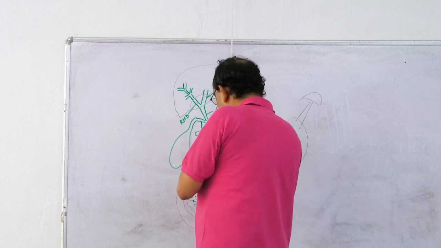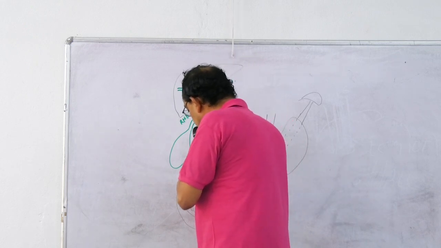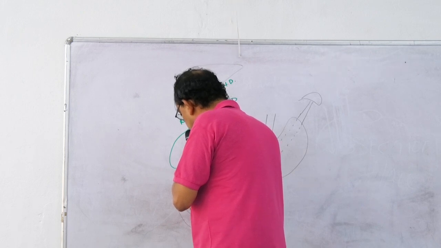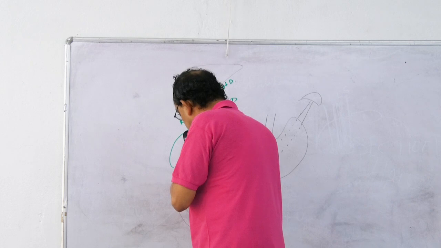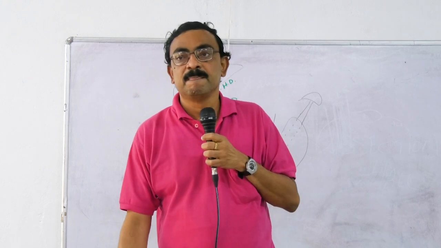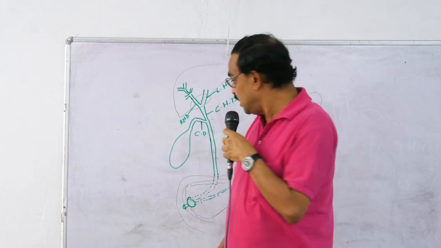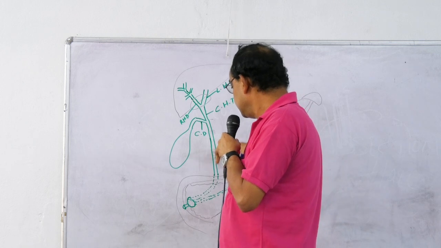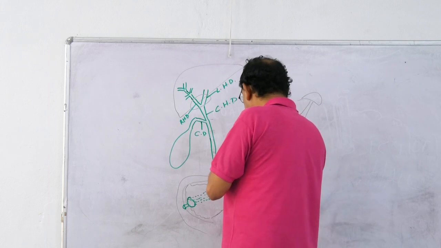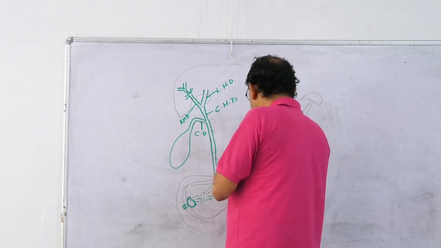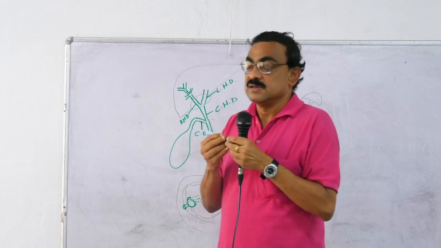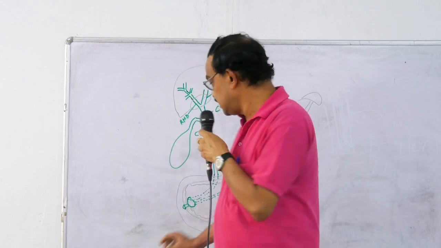and it will join with another duct coming from the pancreas, and here they will join and ultimately open into the second part of the duodenum. On the posteromedial wall of the second part of the duodenum, this bile duct and the main pancreatic duct, which is within the pancreas, these two ducts will join.